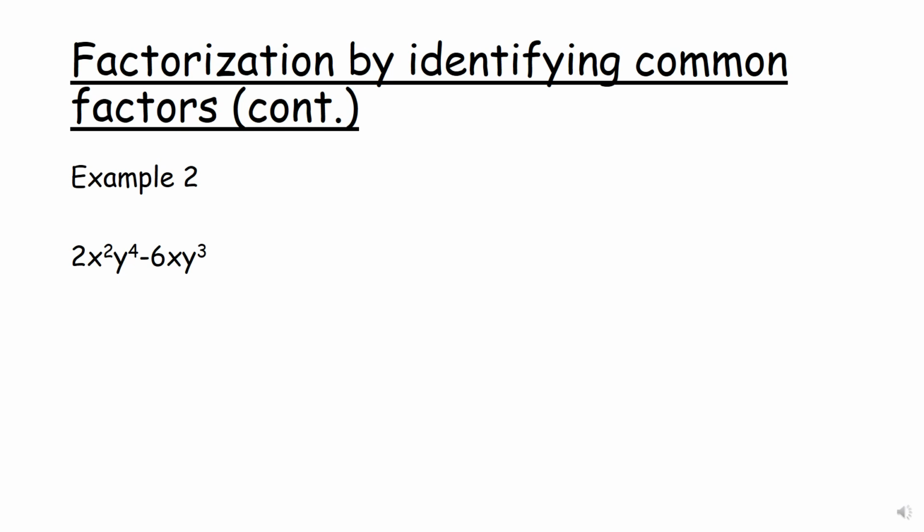Y cubed is also a common factor to both terms because y cubed can divide 2x squared y exponent 4, leaving an answer of 2x squared y, and can divide 6xy cubed. Y exponent 4, on the other hand, is not a common factor to both terms because even though it can divide 2x squared y exponent 4, it cannot divide 6xy cubed.